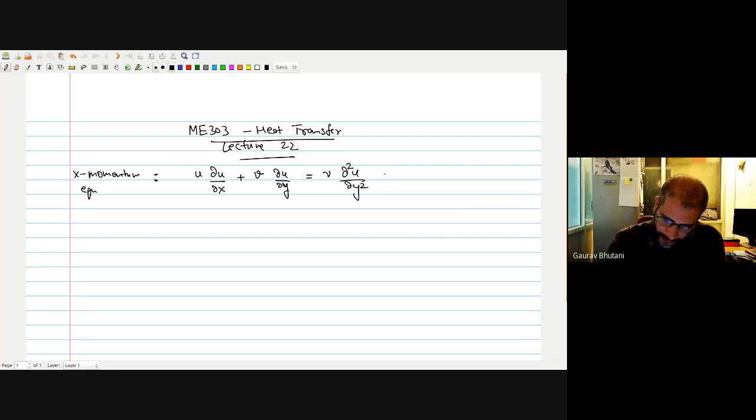So this is the x momentum equation for the boundary layer. We have this flat plate and there's a boundary layer. This equation holds good for the region inside the boundary layer, so that is this region.